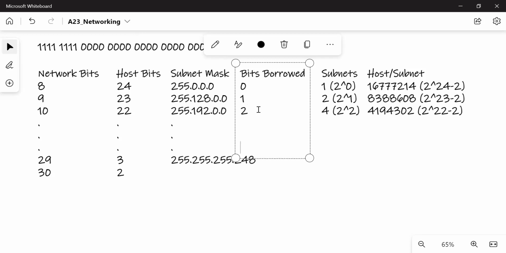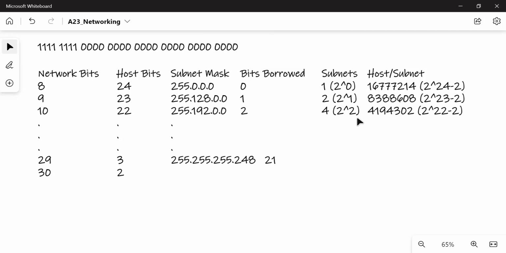So if you take number of bits borrowed, we can come here. The number of bits borrowed is 21 bits.